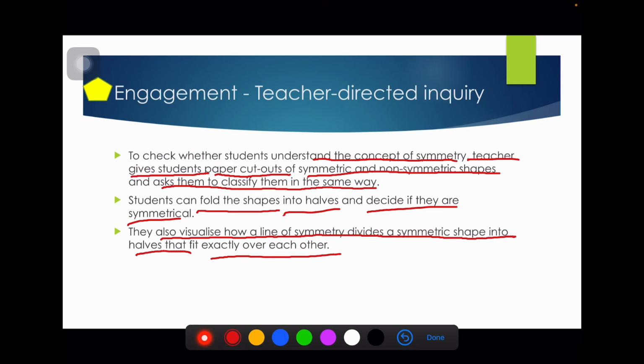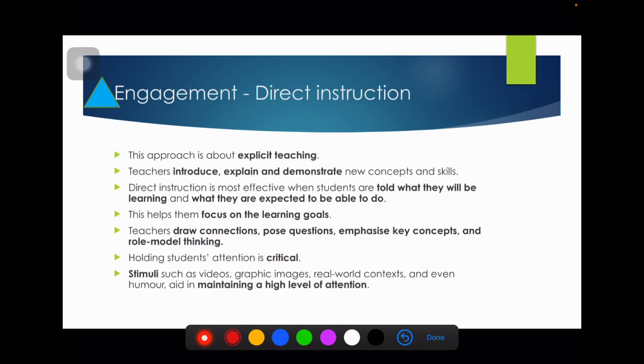Then they need to explain, okay, I folded it in half this way and it fits very nicely over one another, or, I tried to draw a line of symmetry which is diagonal and it doesn't work, and so on and so forth. So that's the second one.